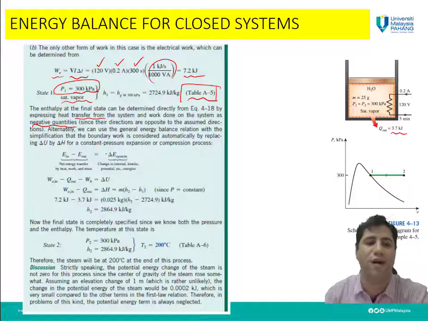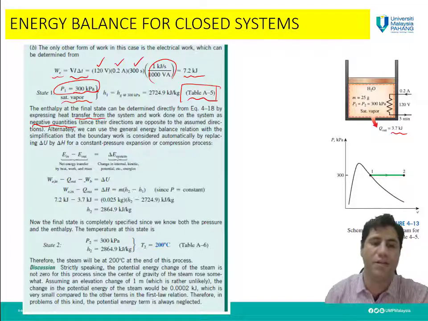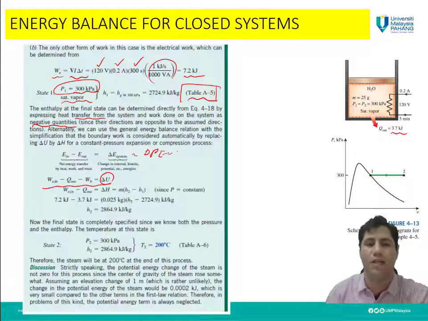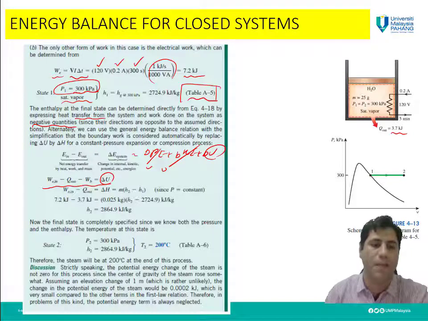So again, we can write this E in minus E out equals delta E system, the energy balance equation. In this equation, delta U is simple. We have already discussed that delta E is equal to delta PE, delta KE, delta U, with PE and KE being 0. We have only delta U. And also we have here Q and W. But here also we have some assumptions for those.